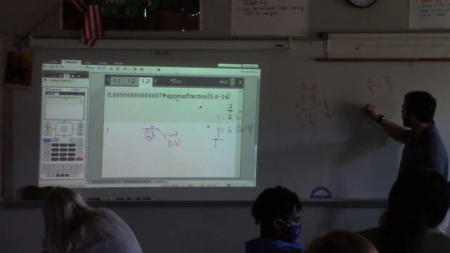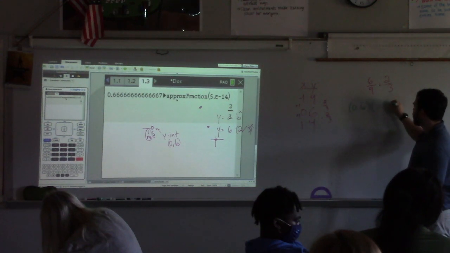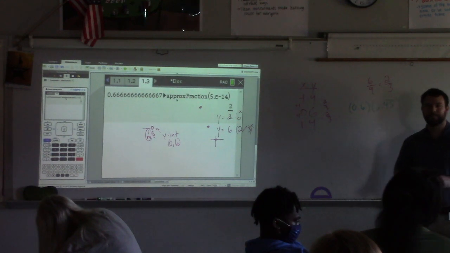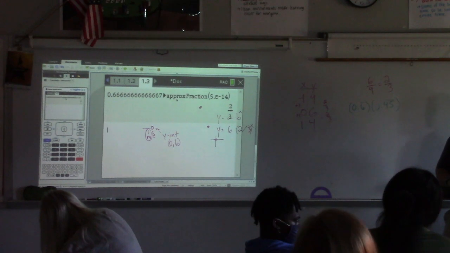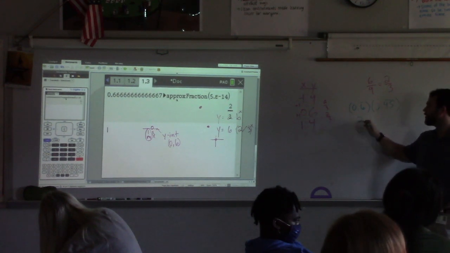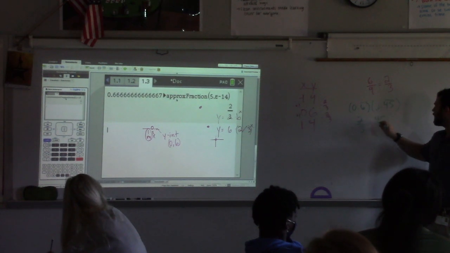Anybody have a clue what 0.6 repeating times 0.45 repeating is? No ideas? Not even on track. Not even a little bit. Okay? But if I had given you the fractions of those to start, 2/3 times 45 divided by 99.